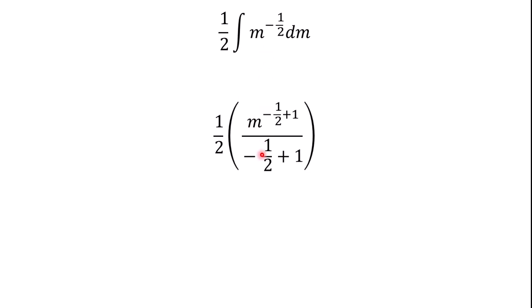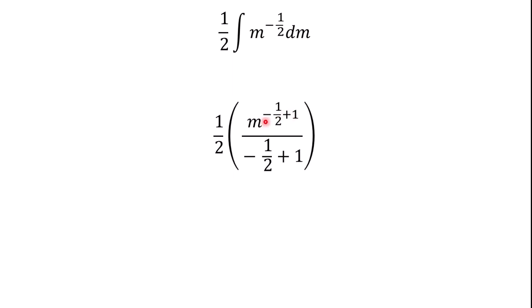Now here, m raised to the power minus half plus 1, divided by minus half plus 1. To compute this, we multiply the 2 by 1 to give us 2, and minus 1 plus 2 will give us what? 1.